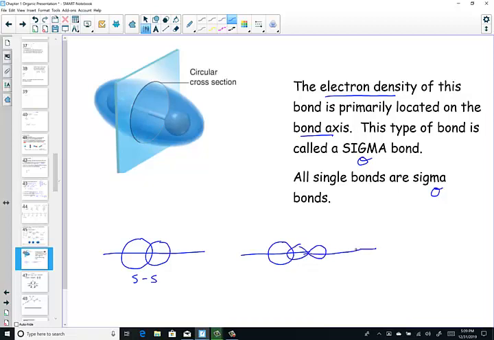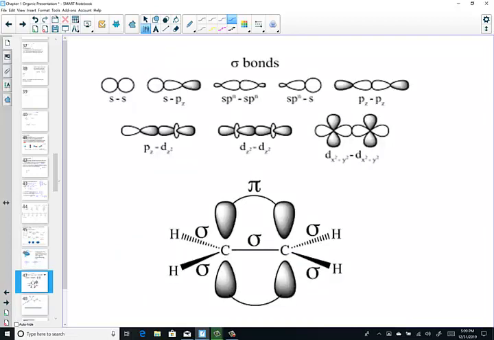But it still has all of the electron density on the x-axis, so an S-P overlap could also be a sigma bond.